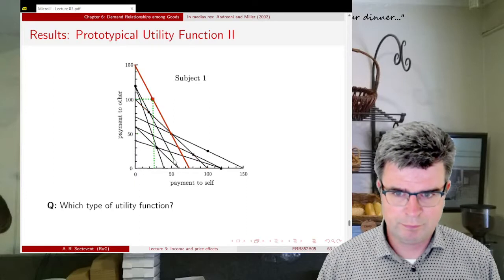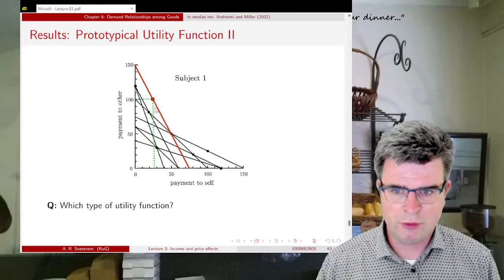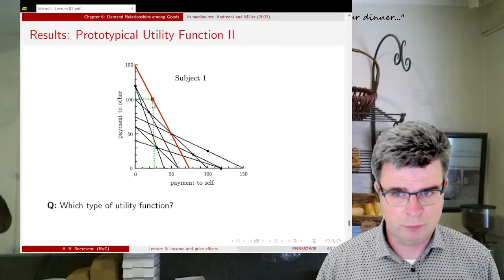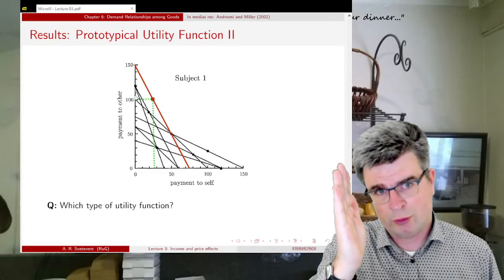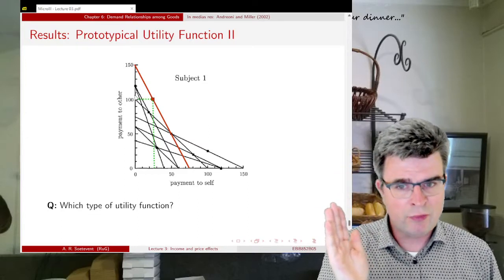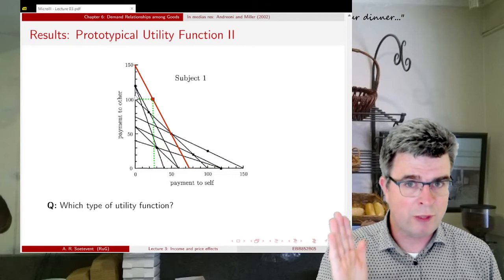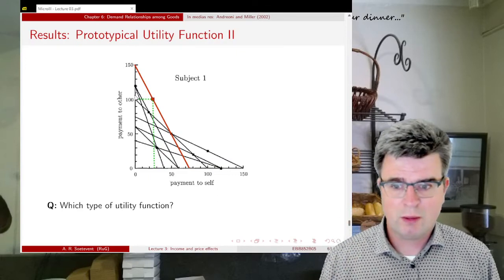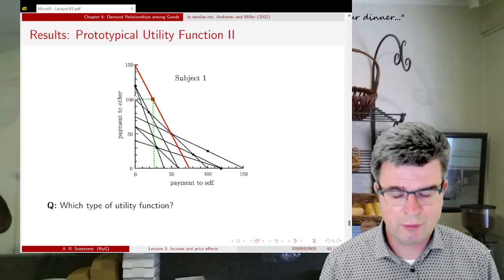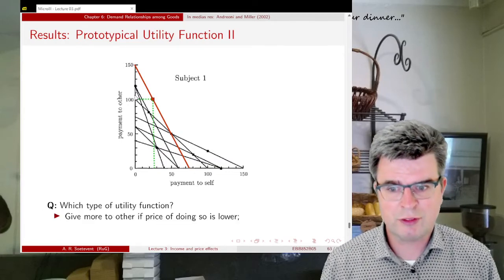And if a third budget line, then he chooses this allocation over here. So if we move from the first to the second to the third budget line, then giving to the other person becomes relatively cheaper. So what type of utility function can represent this type of preferences?